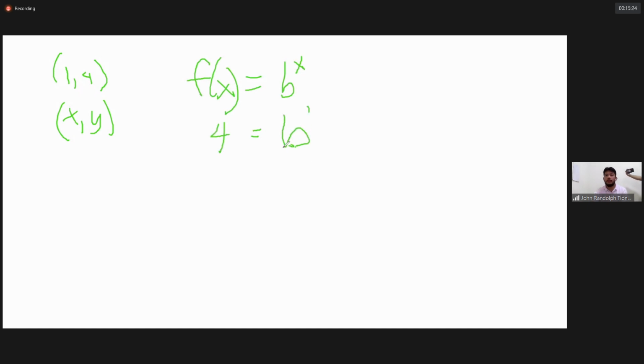What do you think is the value of b here? Our goal is to find b. Since b to the power of 1 is b, then b here equals 4.